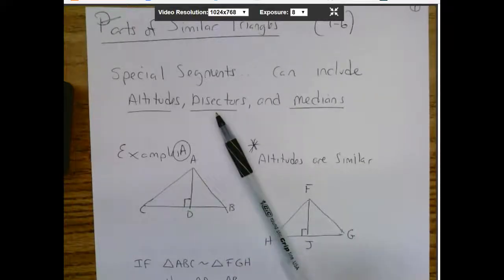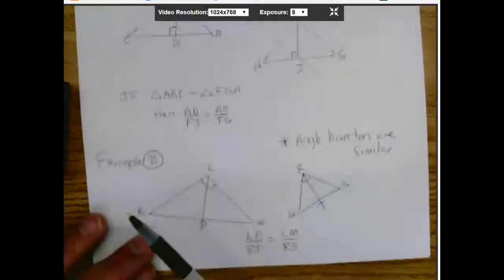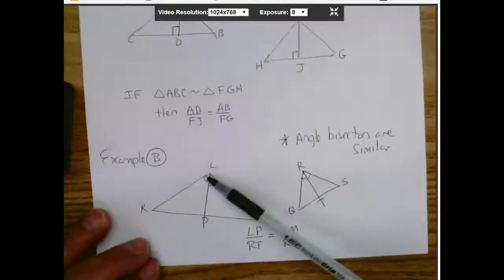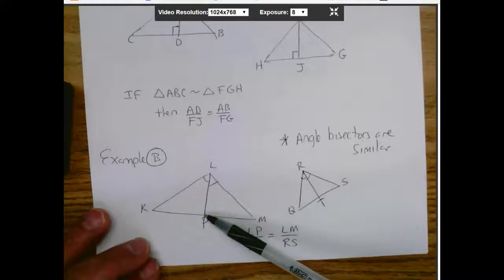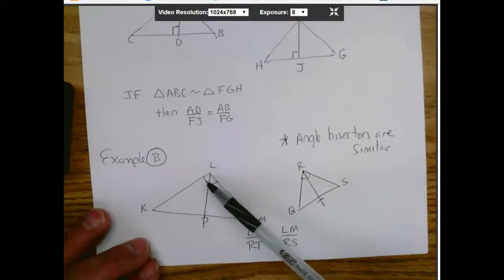A bisector, really what we're talking about is an angle bisector, where if we look down here, we have a segment that runs from a vertex to the opposite side, and then it splits that angle in two. So both of these angles would be congruent with each other.